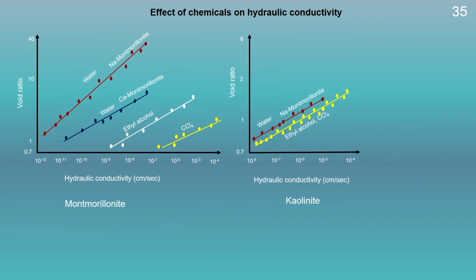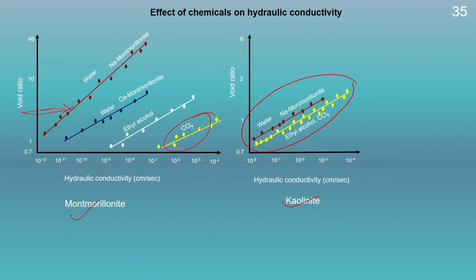If we compare between montmorillonite and kaolinite, we could see that the effect of dielectric constant is very less for the kaolinite mineral. Here, by decreasing the dielectric constant from water to carbon tetrachloride, there is a significant increase in the hydraulic conductivity of montmorillonite.